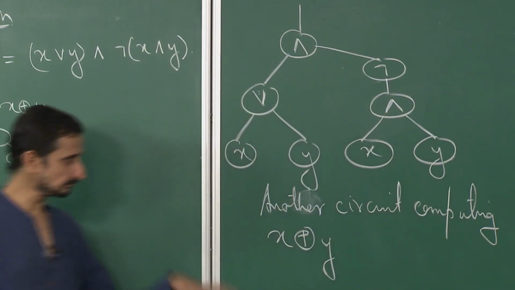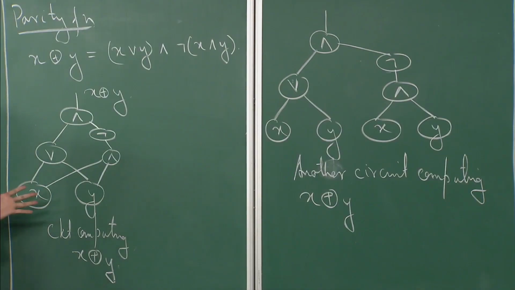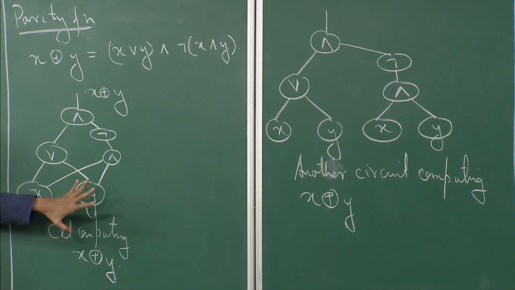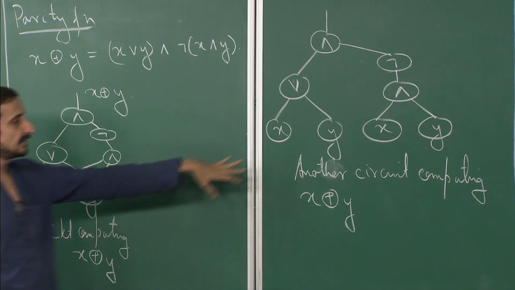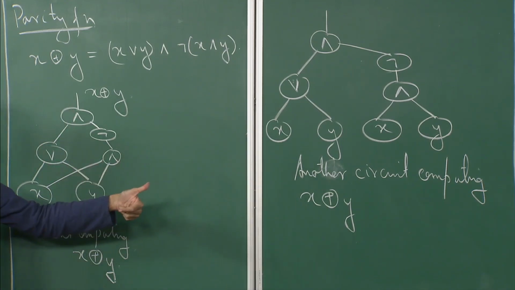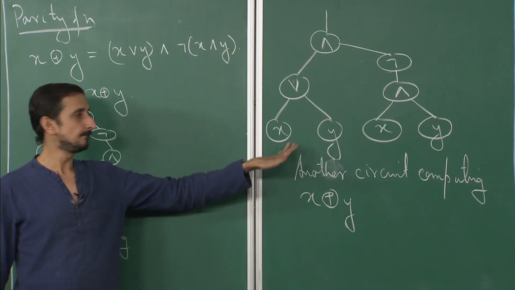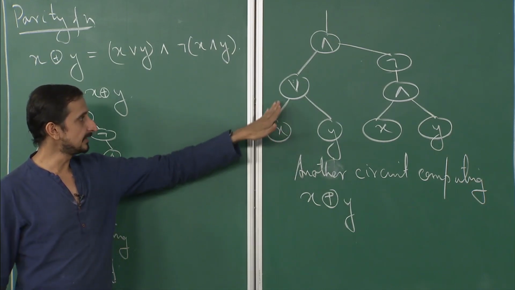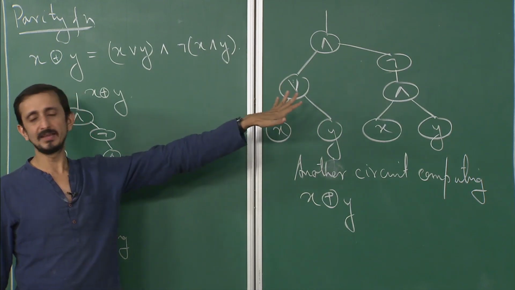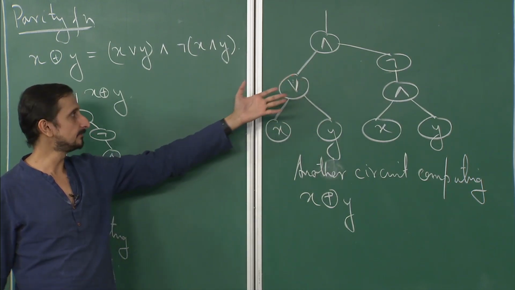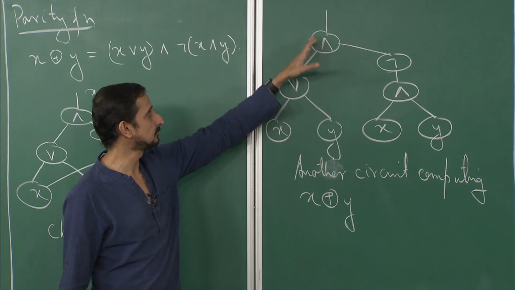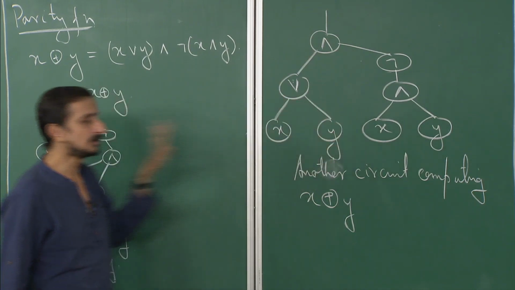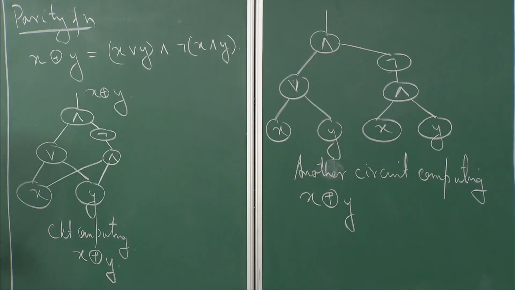Now, what is the difference between these two circuits? Of course, the underlying graphical structure is different, but a more fundamental difference is that this circuit over here has the property that no node has out degree greater than 1. All the nodes have out degree at most 1, whereas here you can see that these two nodes have out degree equal to 2.